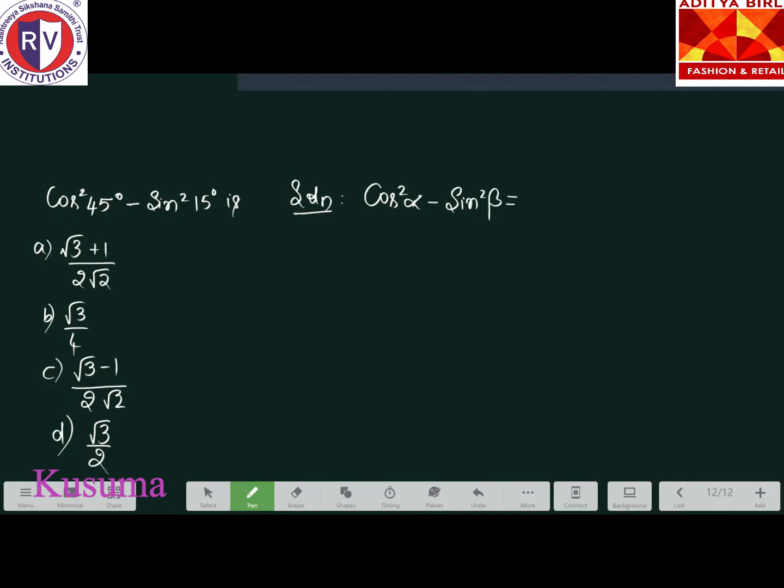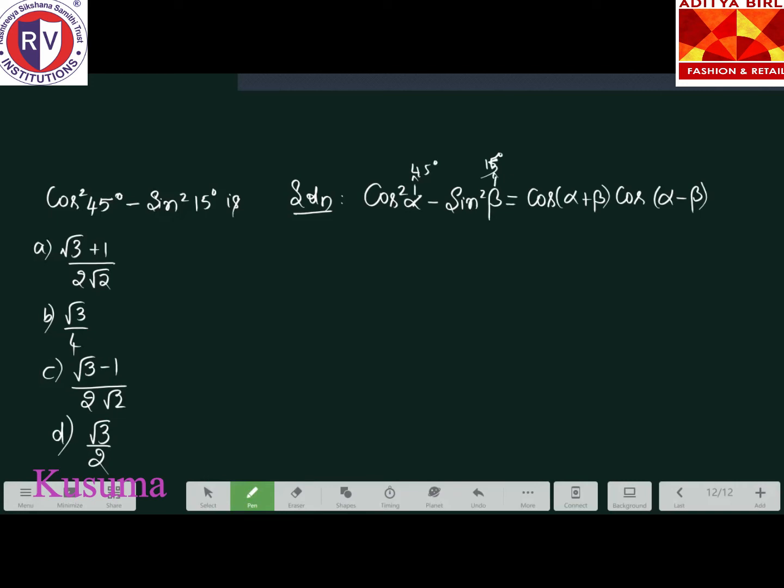This will be given by cos of alpha plus beta into cos of alpha minus beta. Okay, if you remember this, it will be very easy for you to solve this kind of problems. So you know alpha here is 45 degree and beta here is 15 degree.